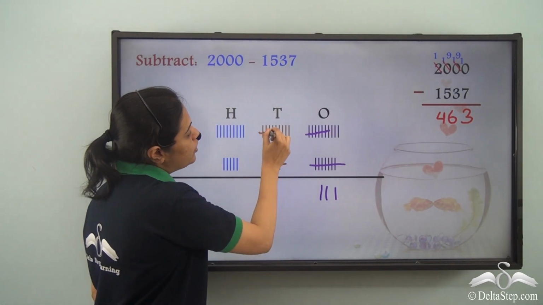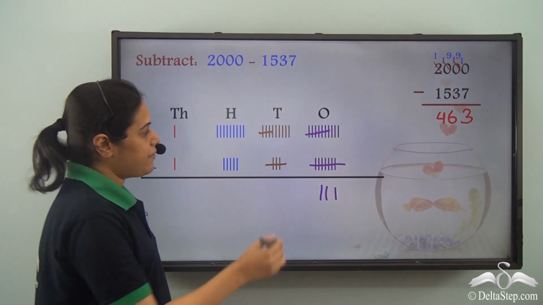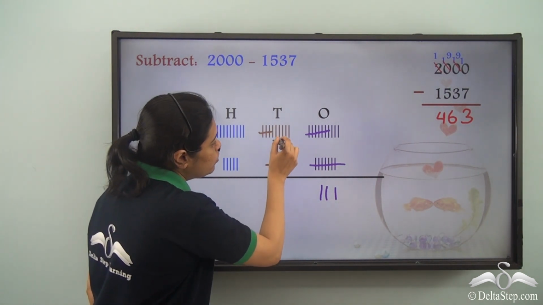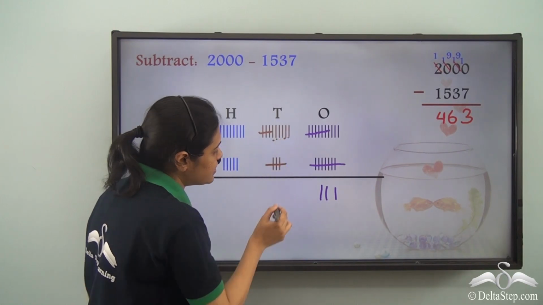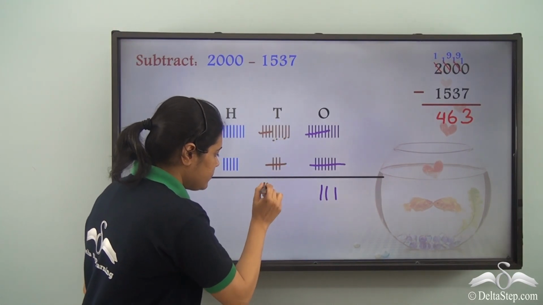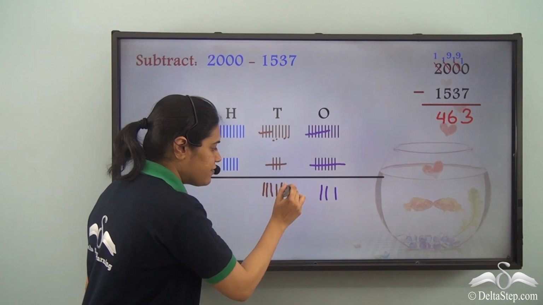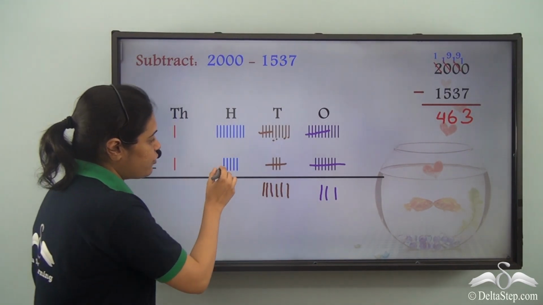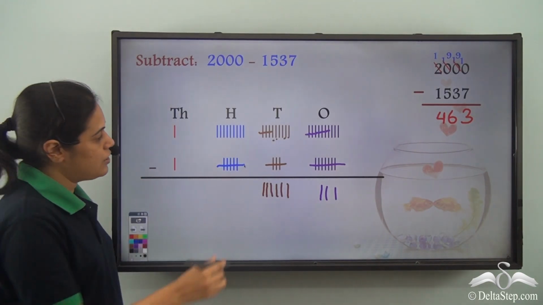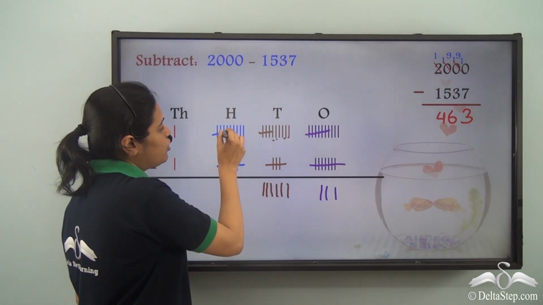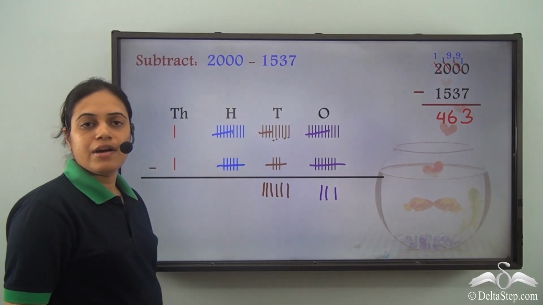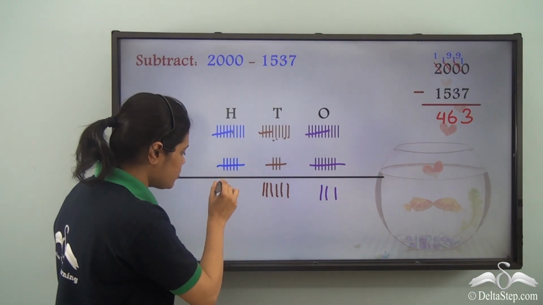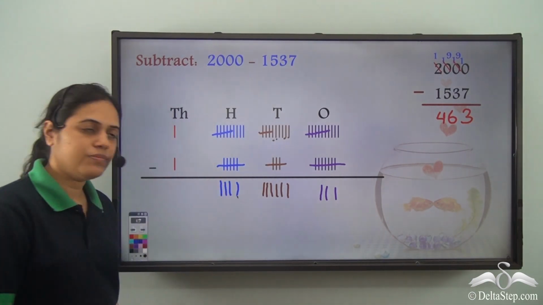So 1, 2, 3 and I am left with 1, 2, 3, 4, 5, 6. In the hundreds place, I have to take away 5. So 1, 2, 3, 4, 5 and I am left with 4.